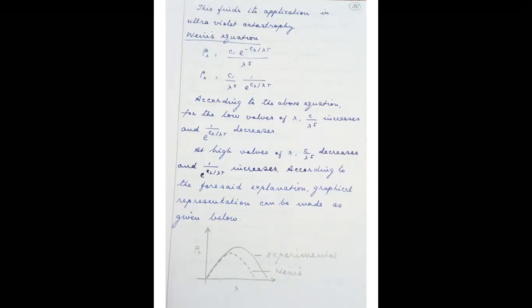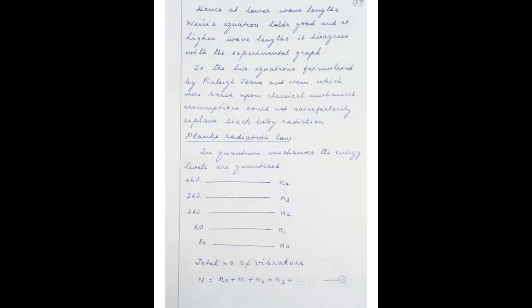So in the year 1900, Max Planck came out with an assumption. That man simply changed even the fundamental assumptions of classical mechanics. He came out with a new idea called the quantization principle.